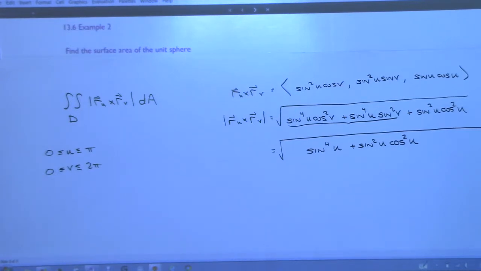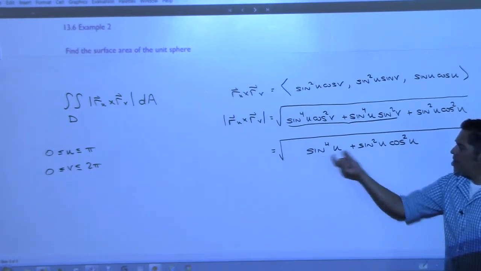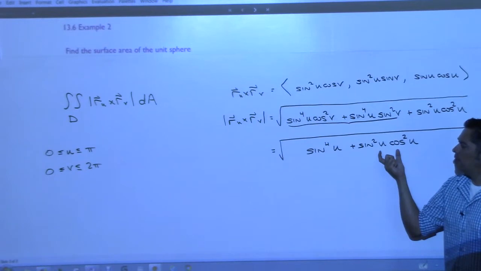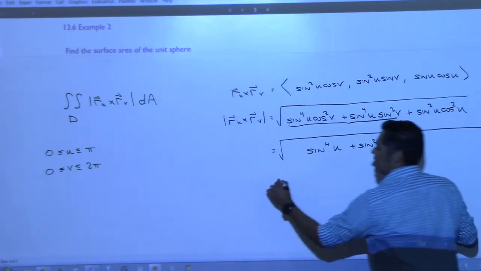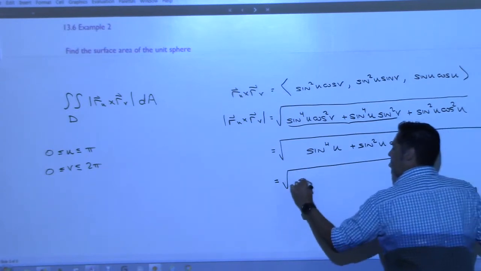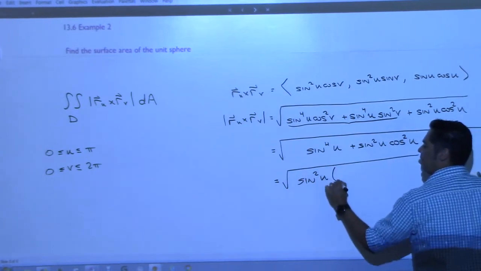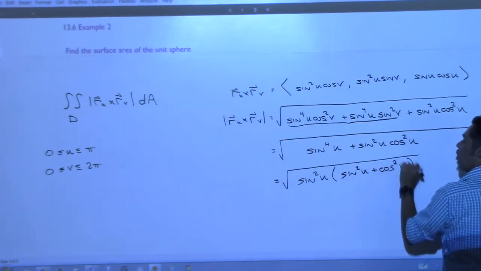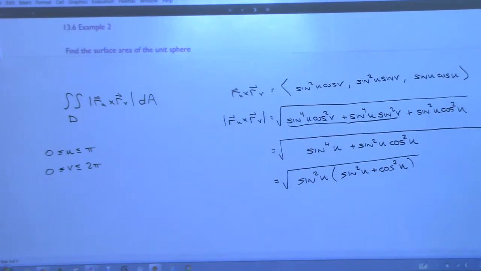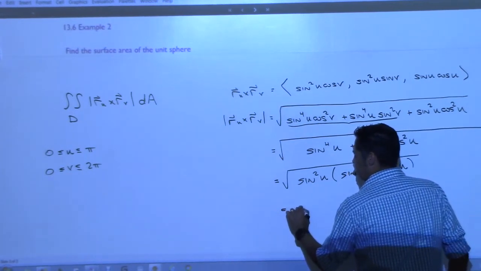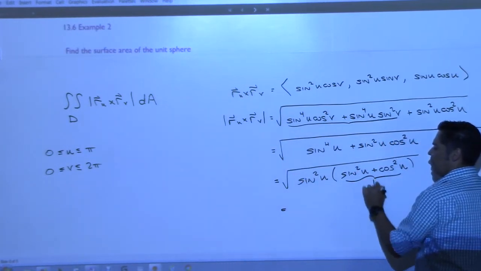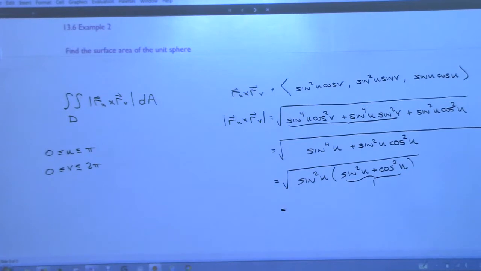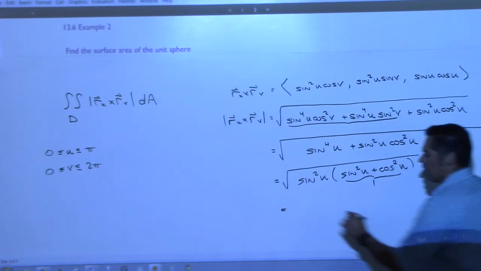You can split up the sine to the fourth into sine squared, sine squared. What do both of these have in common though? Sine squared u, right? So why don't you pull a sine squared u out of that? And then you'd be left with what? Sine squared u plus cosine squared u, which is 1, right? So this is going to give you the square root, because that's a 1, of sine squared u, which is just sine u. I mean, technically it's the absolute value of sine of u. But I'm going to say it's just sine u.